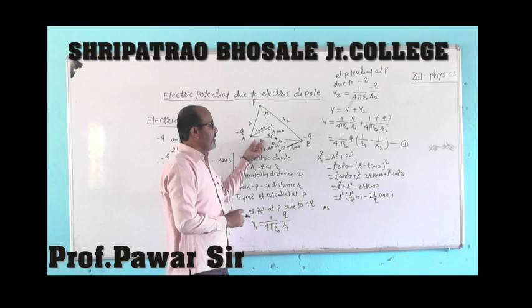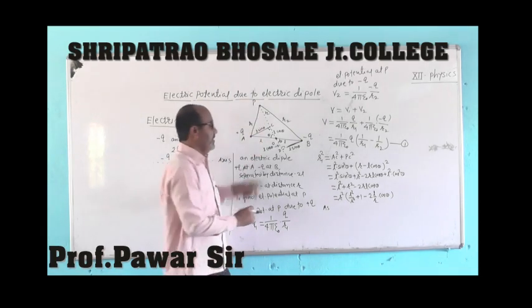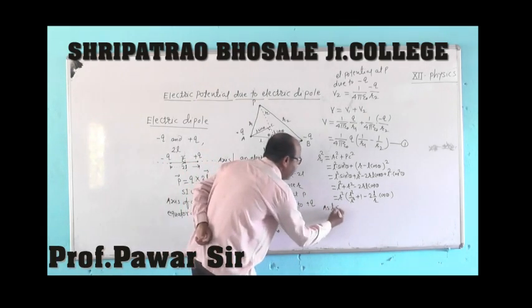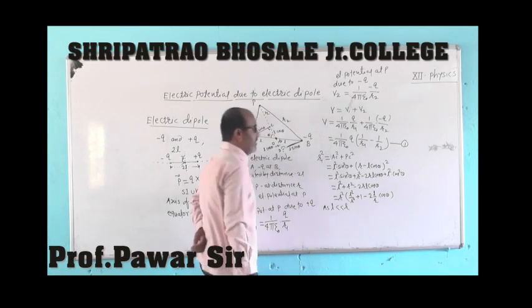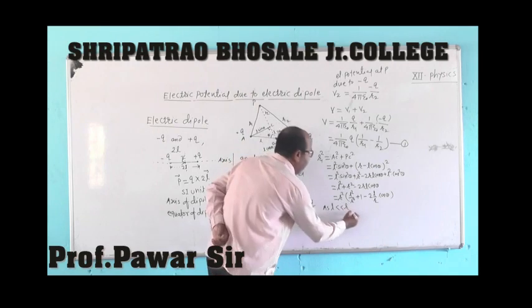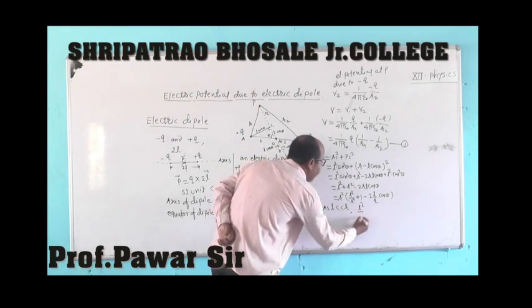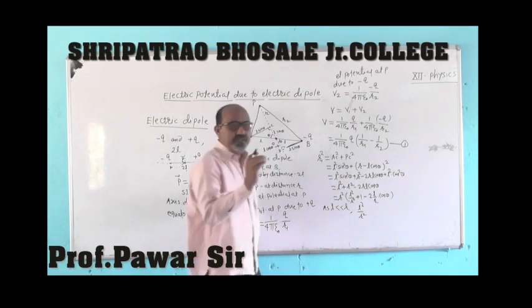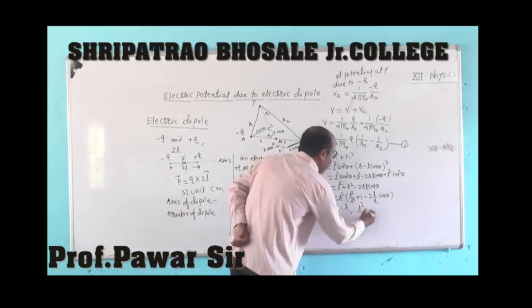This length L is very small compared to R. Therefore, L divided by R will be a fraction, and L square divided by R square will be very small, so we can neglect it.